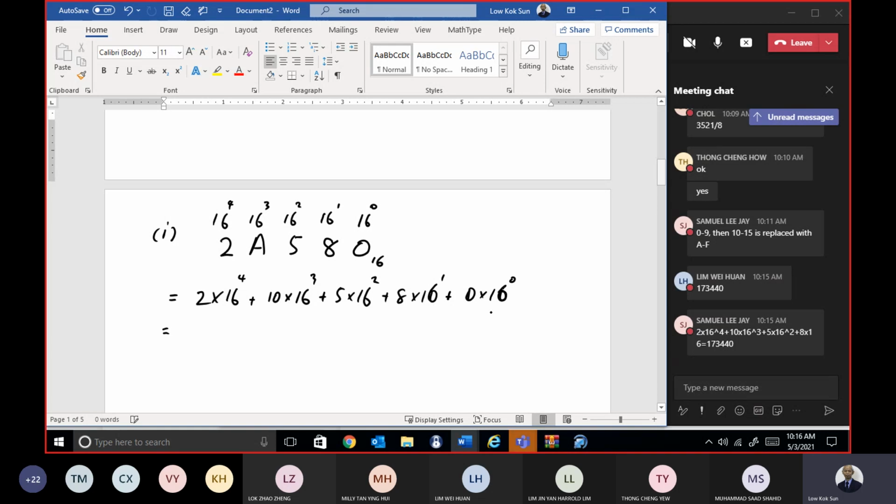Use your calculator. This is nothing, this 8 times 16. Use your calculator and yeah. Wei-Han and Samuel have the same answer. So I can trust them, because two answers reconfirm each other.